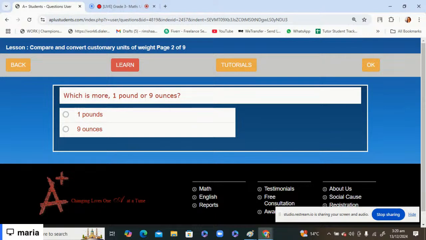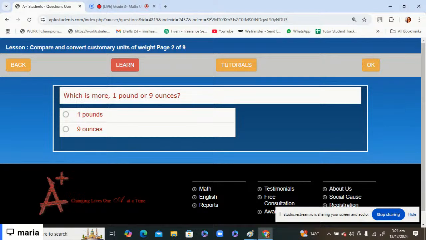Which one? Tell me the answer in the chat. One pound or 9 ounces.